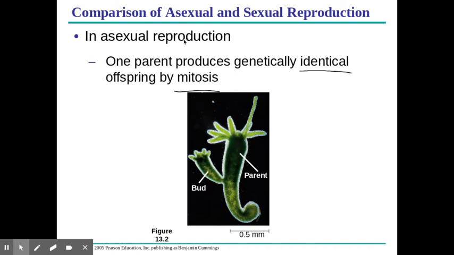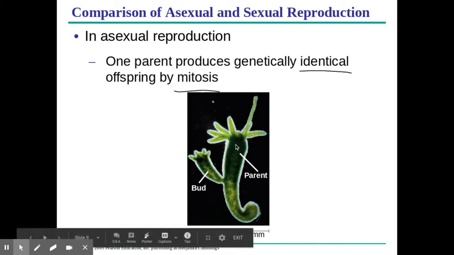There are really two strategies for reproduction. There's asexual reproduction, which could be done by mitosis. In that case, because remember, mitosis creates identical cells, this bud, so this is a hydra, an organism that is reproducing asexually. This bud is a genetically identical copy of the parent. So there's no variation, at least theoretically.